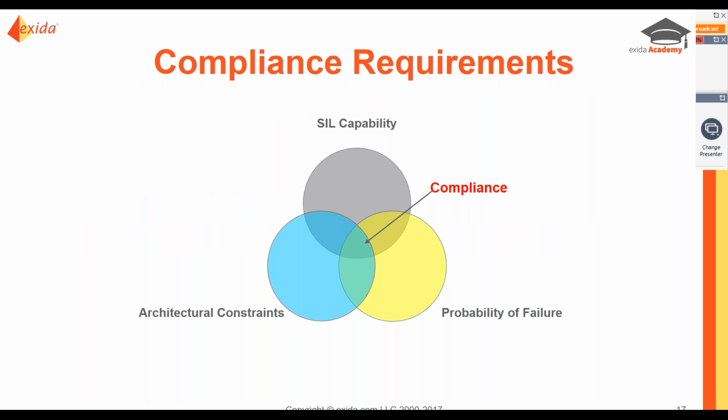And only when you meet all 3 of those requirements and can fully check off that you pass, are you going to be compliant for that safety integrity level. So they could be doing a great job on 2 out of 3 of these and not be doing one of them, and they would not be able to say that they are compliant with the standard.